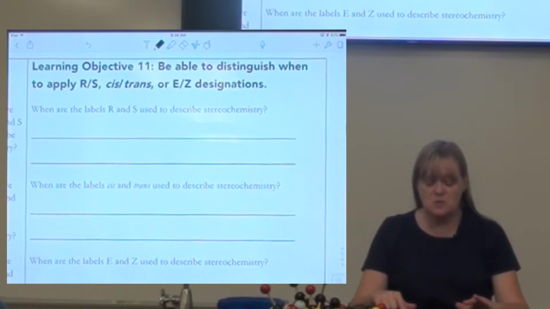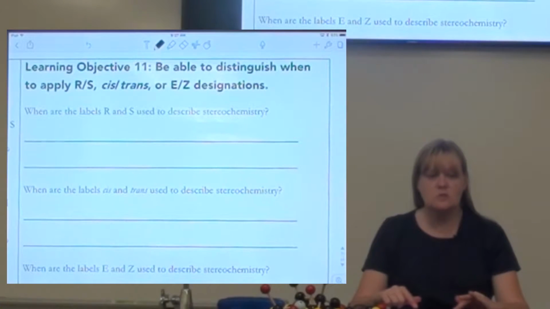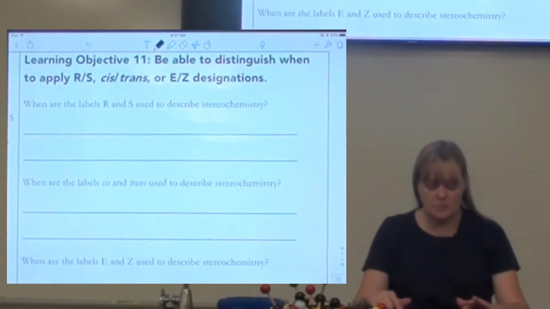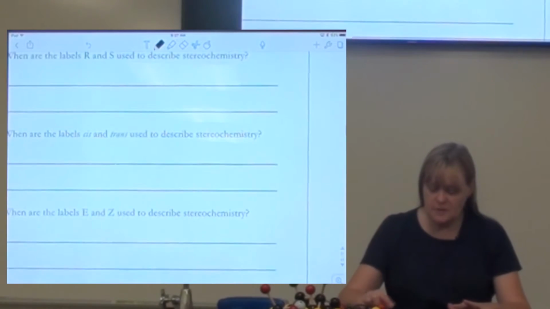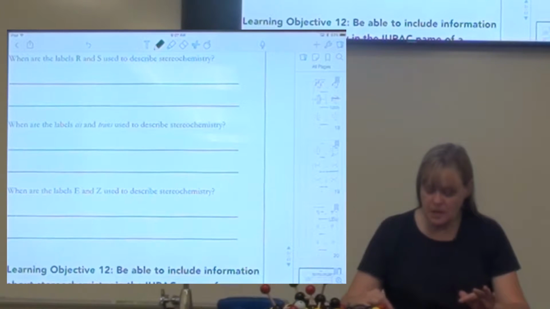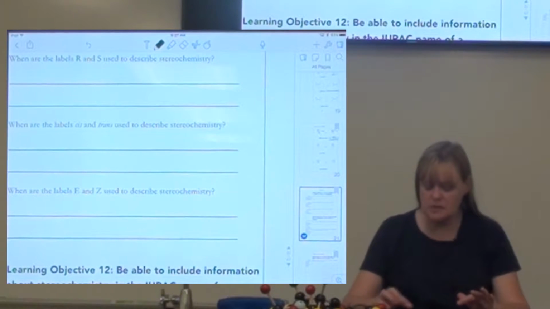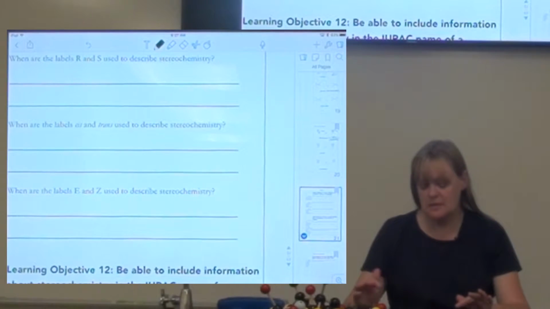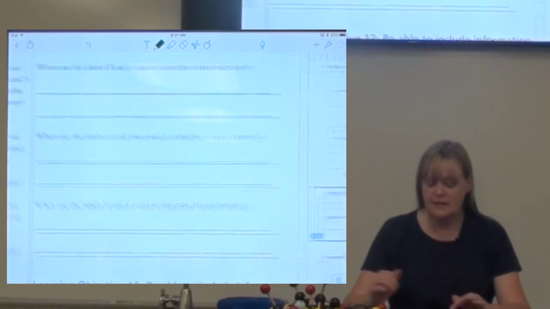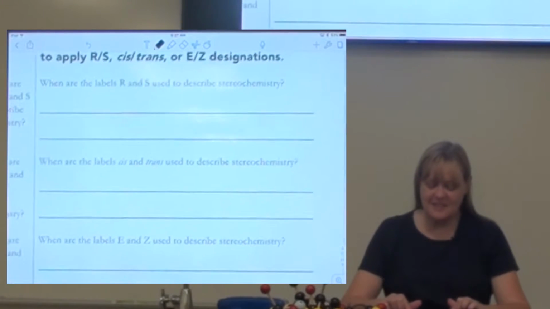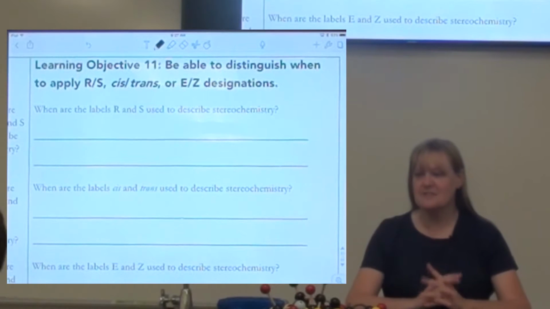And the couple of things we're going over aren't really new. They're just reiterating everything to make sure that you're clear.